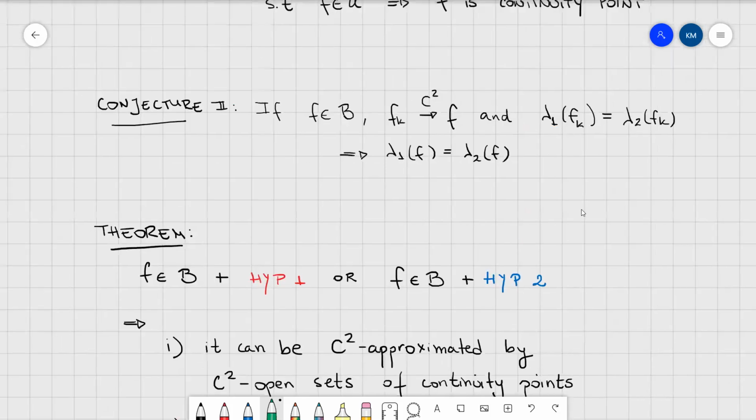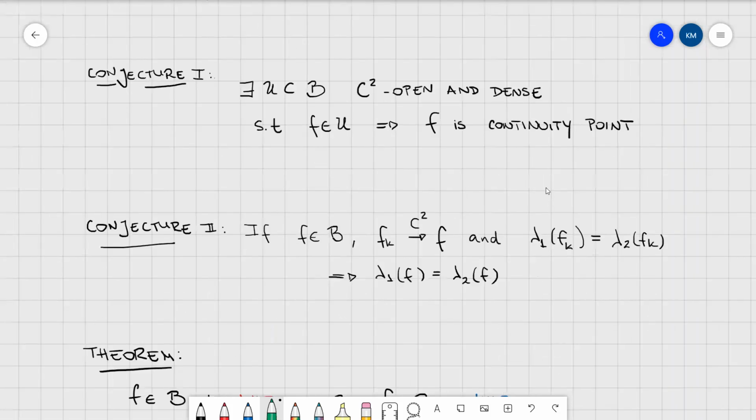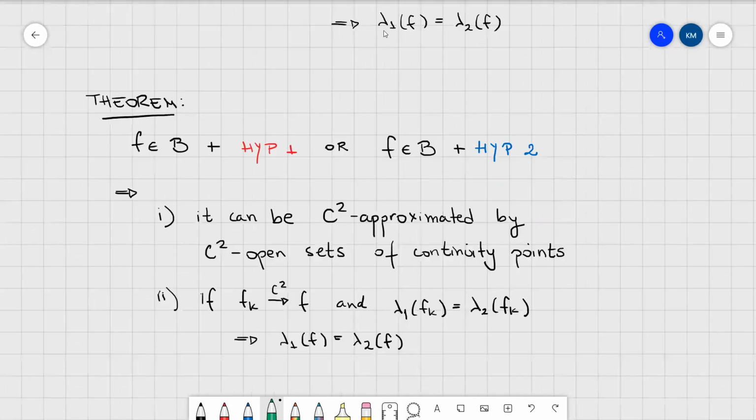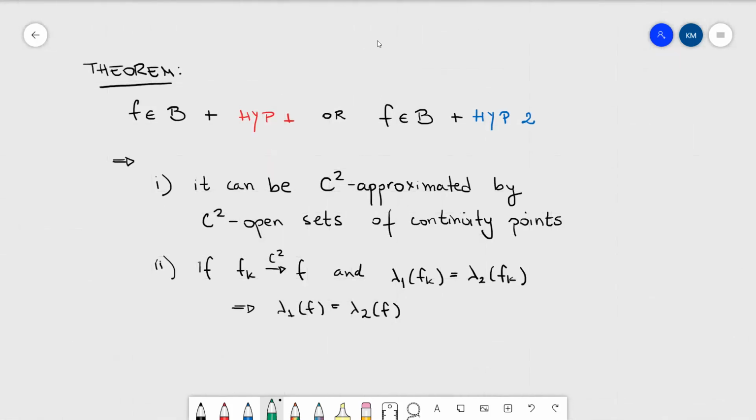Just to recall, the first conjecture asks for an open and dense subset of continuity points. The second one says that Bochi-Mañé does not happen. So what I'm proving here is not the general conjecture, but I'm saying that if I have this hypothesis here, I can approximate in the C2 topology by C2 open sets of continuity points.